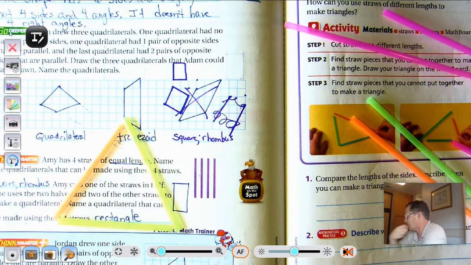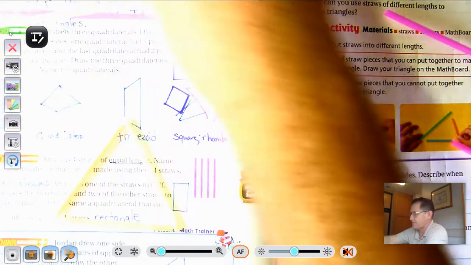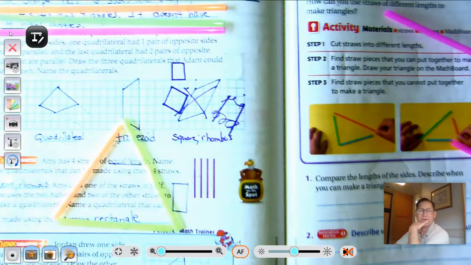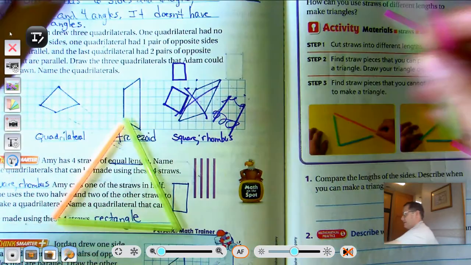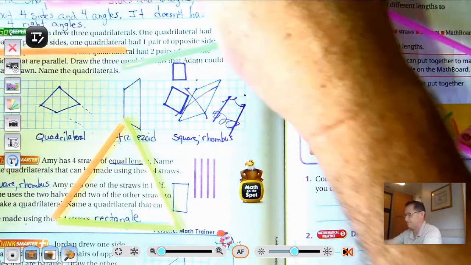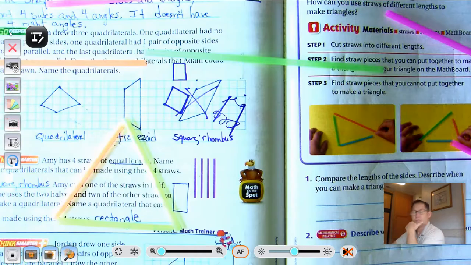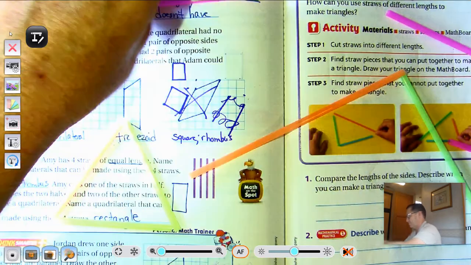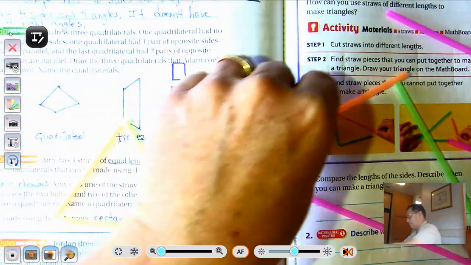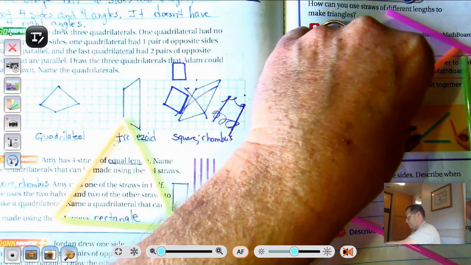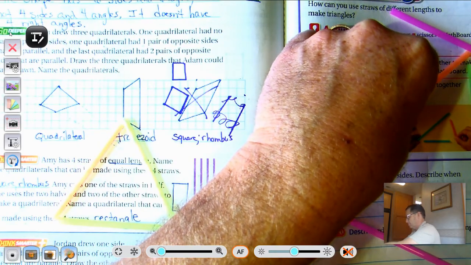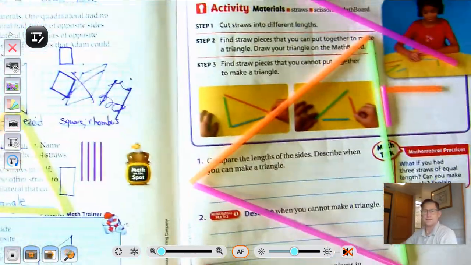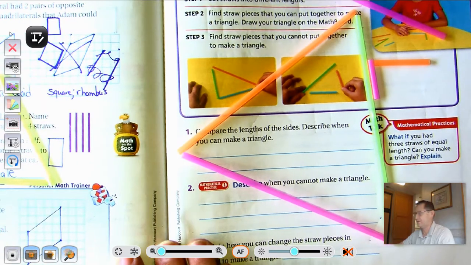How about these three that were actually of equal length? Can I make a triangle out of those three? Okay, yeah, I can make a triangle out of those three that were of the same length.